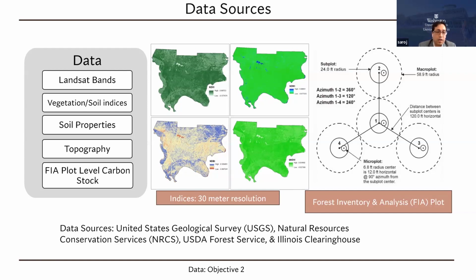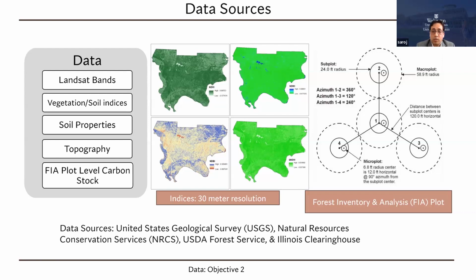Plot level estimates of carbon stocks are a combination of empirically measured tree attributes such as DBH, heights, and so forth. It is a combination of forest floor, dead trees, woods, soil organic carbon, and so forth.